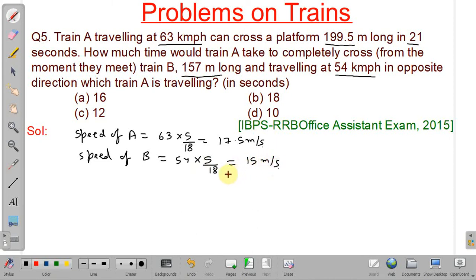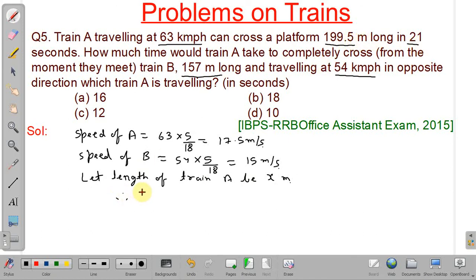Okay, we don't know the length of the first train or train A, so we will assume length. Let length of train A be x meter. Okay, so train A crosses the platform of 199.5 meter in 21 seconds.